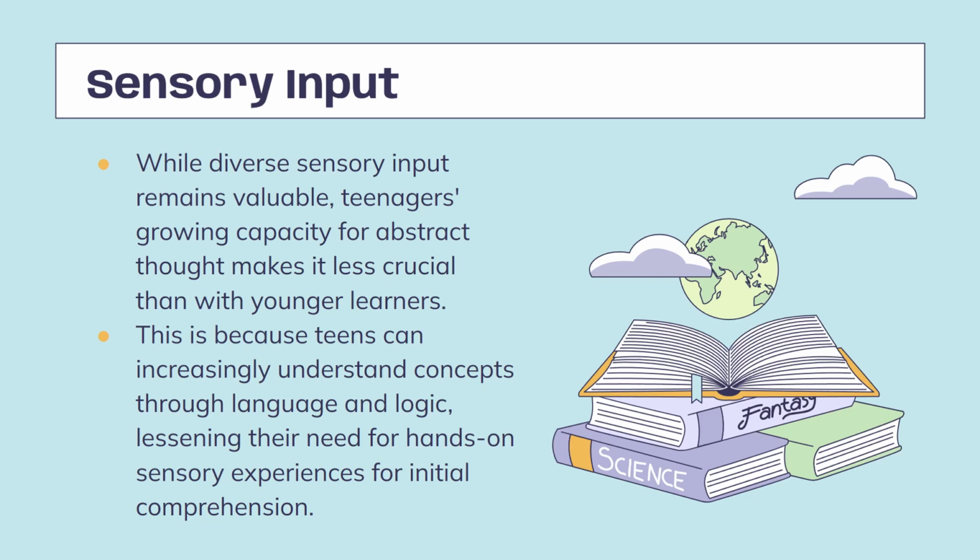So, while hands-on, sensory learning is still helpful, it's not as essential for teens as it is for younger children, because teens can now use language and reasoning to grasp more complex and abstract concepts.